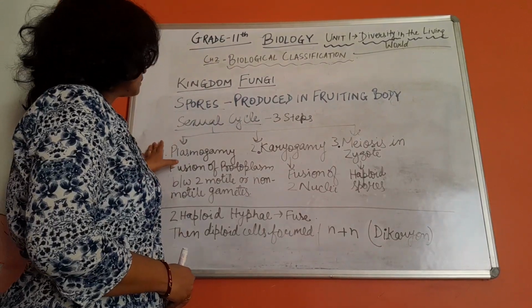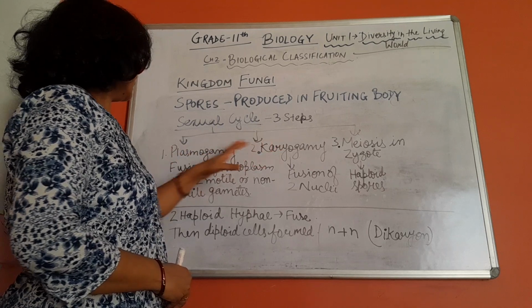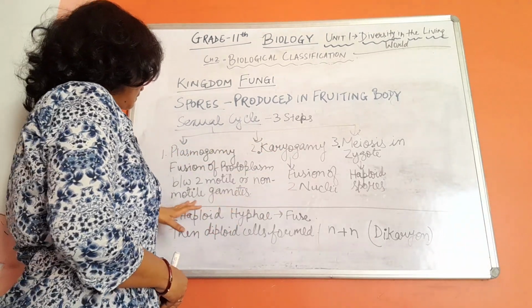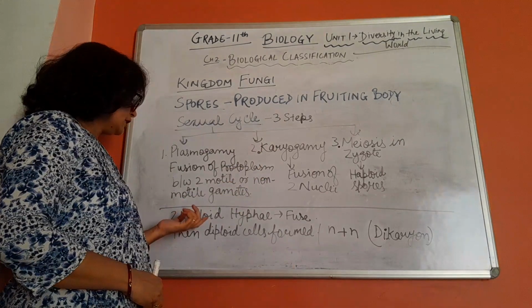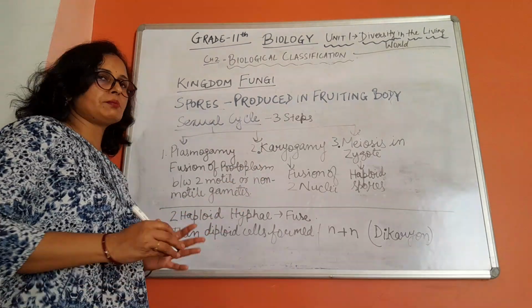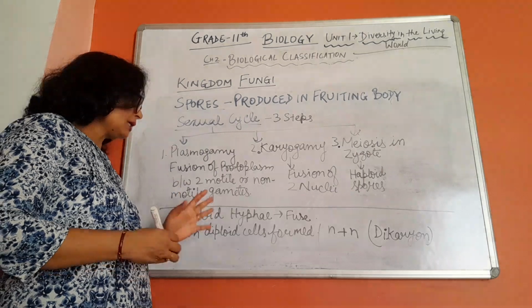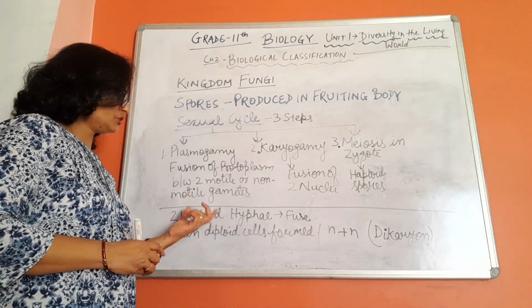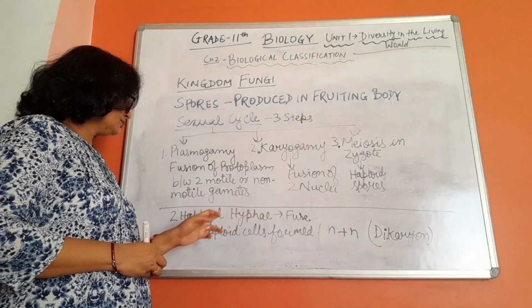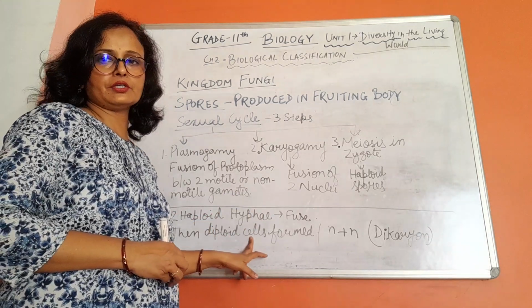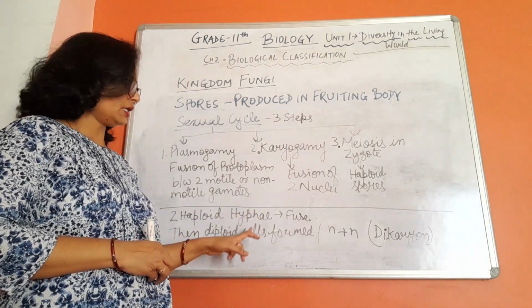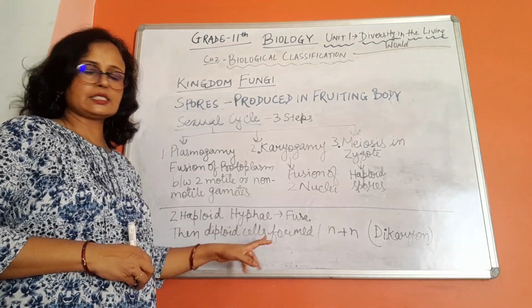So the sexual cycle we discussed. Then after the sexual means of reproduction, basically 2 haploid hyphae which are of a similar kind, which are compatible to each other, fuse with each other, and after that fusion mostly diploid cells are formed. After the fusion of 2 haploid fungal hyphae, diploid cells are formed.